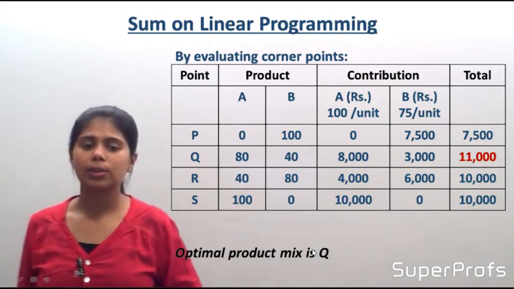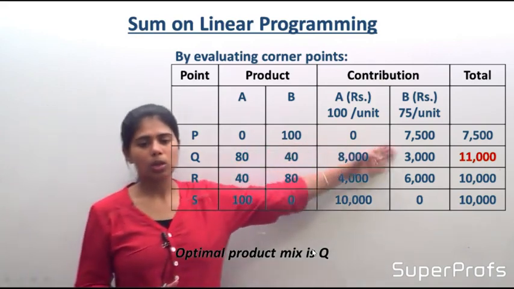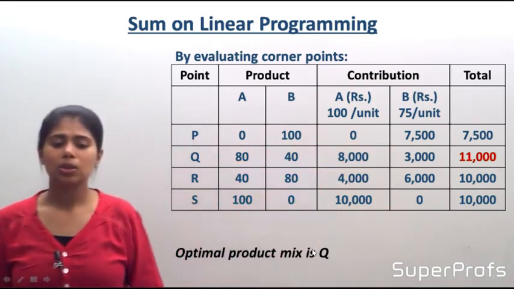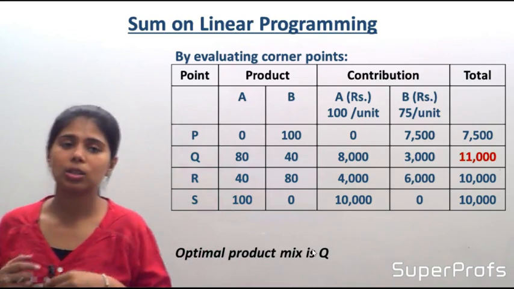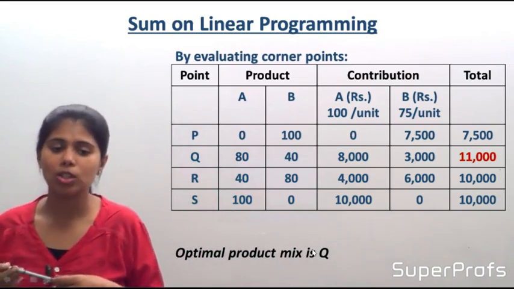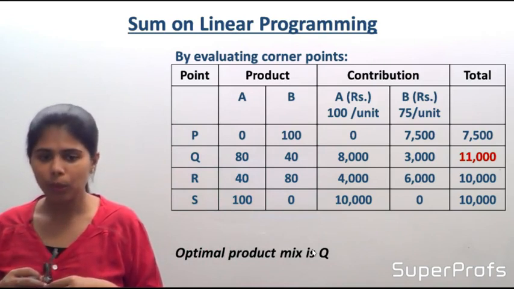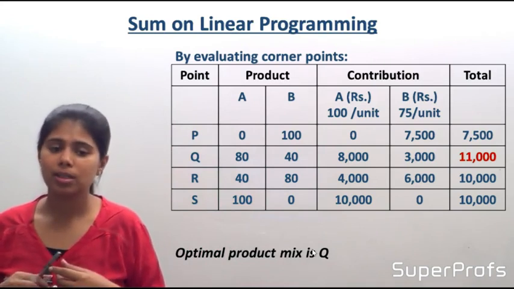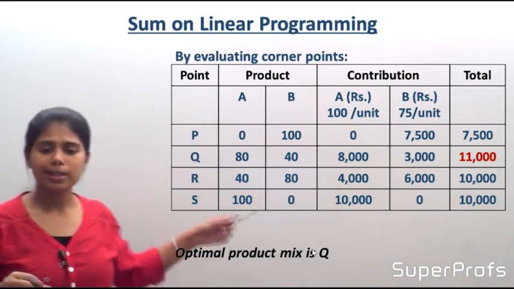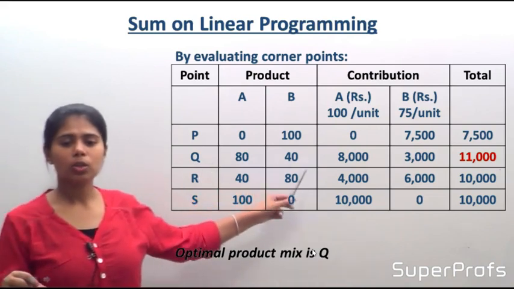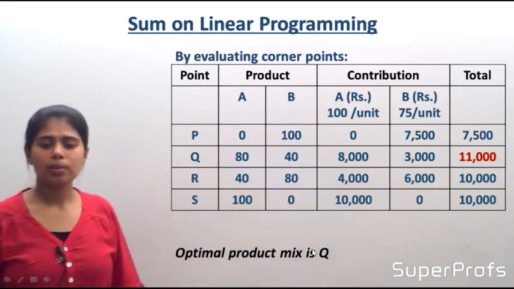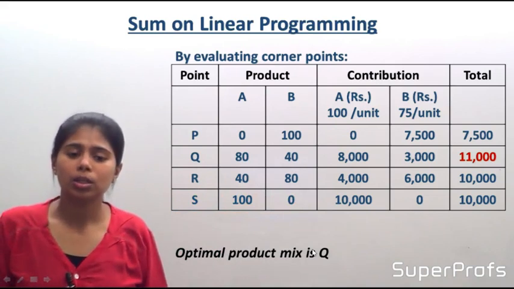Based on that, I will compute my total contribution, and doing that, I have a maximum contribution at point Q where my contribution is 11,000. Therefore, my optimal product mix is Q. I will produce 80 units of A and 40 units of B. So that is my optimal product mix.